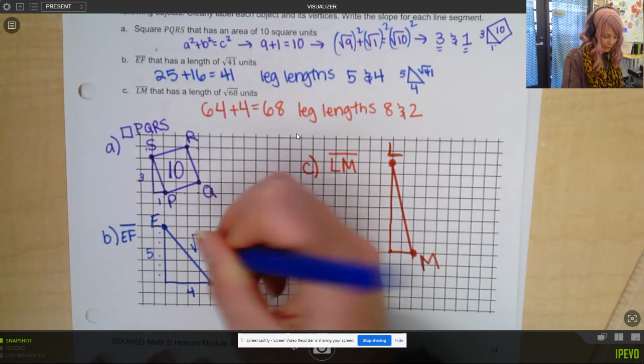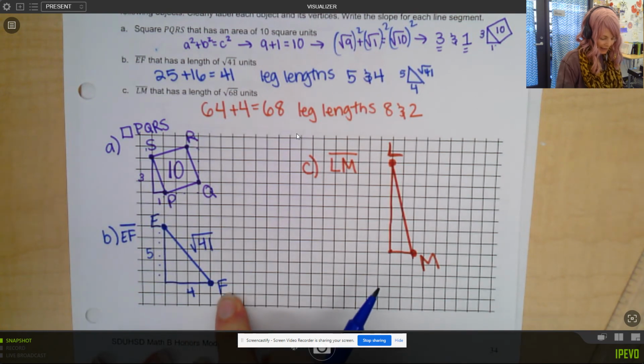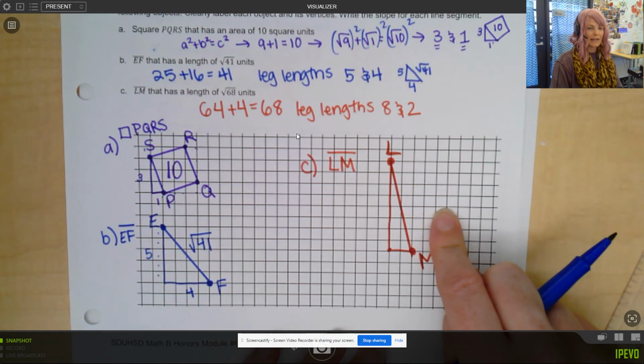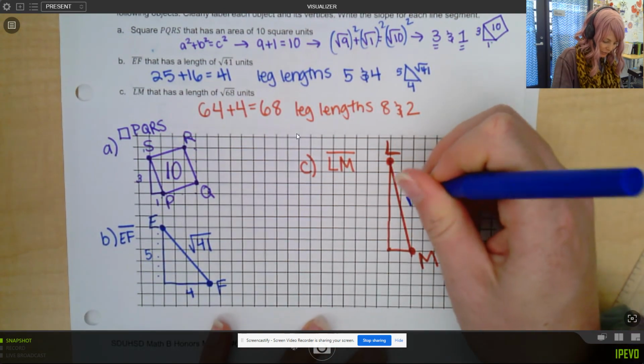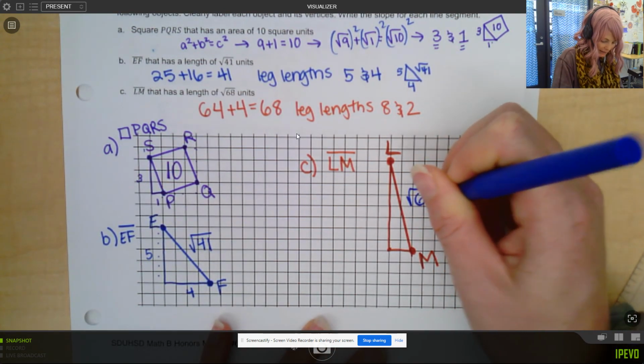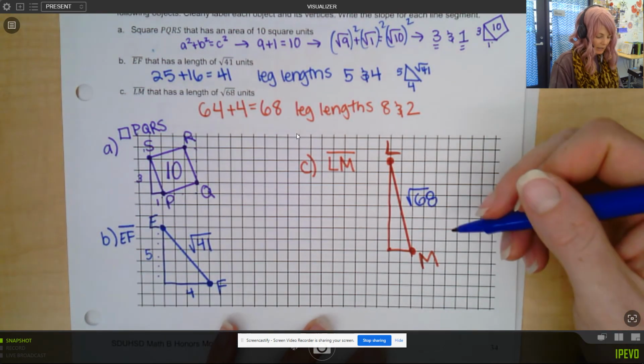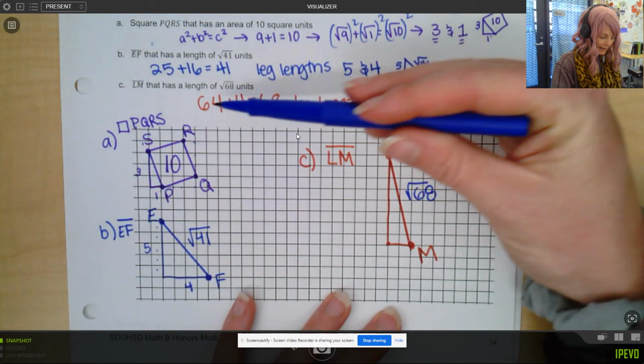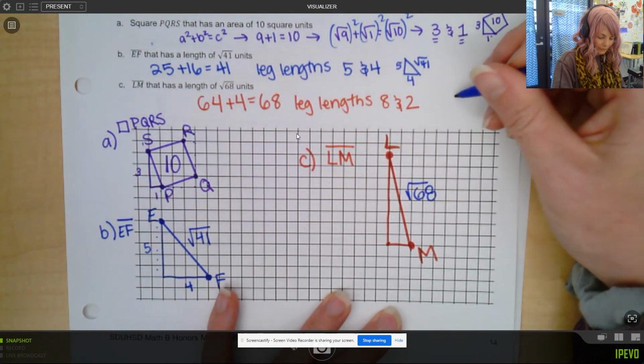Oops, this was square root of 41. So segment EF we did together for part B. For part C, I just needed segment LM that has a length of square root of 68 units. So here, I knew what two perfect squares added to be 68: 64 and 4.